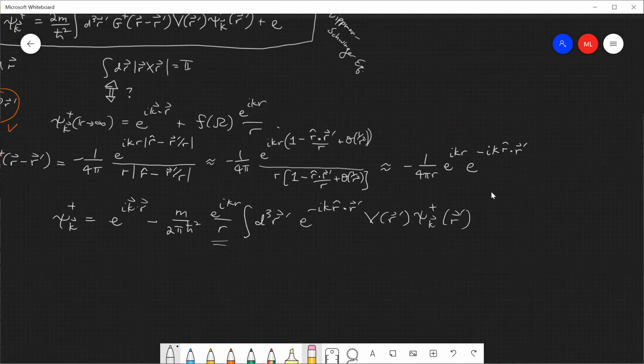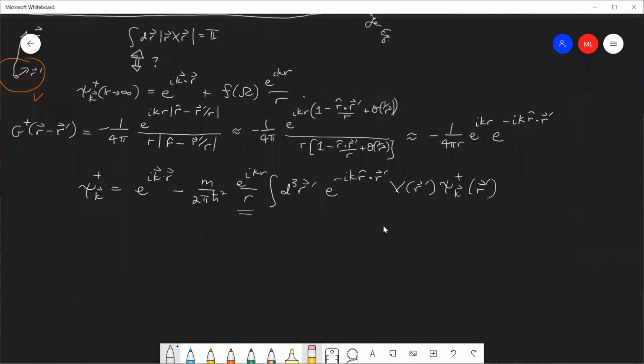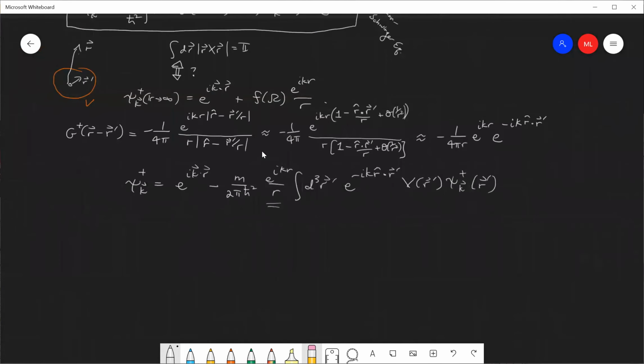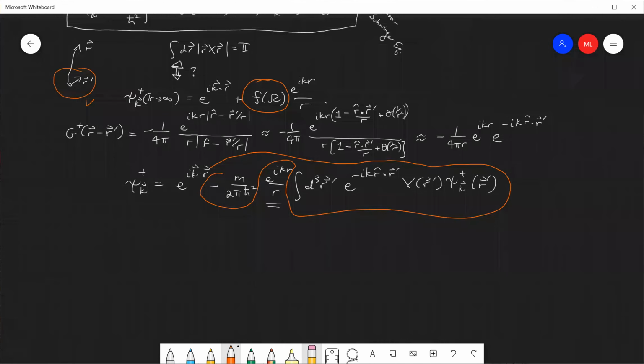Now look, this is great because we have everything we need. This has exactly the right form, right? We have the e to the ikr over r. We have the incoming plane wave. So everything else out here must be the scattering amplitude. Must be all this stuff out here. So that's very cool because we can now start approximating the scattering amplitude.